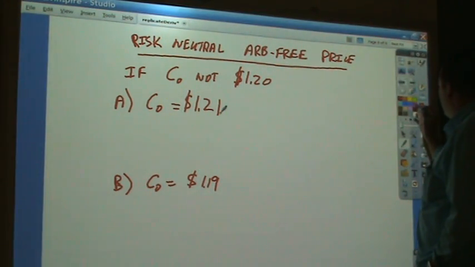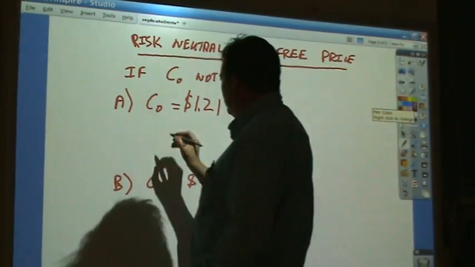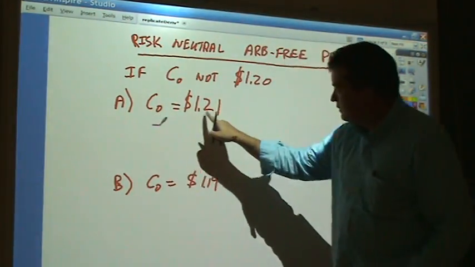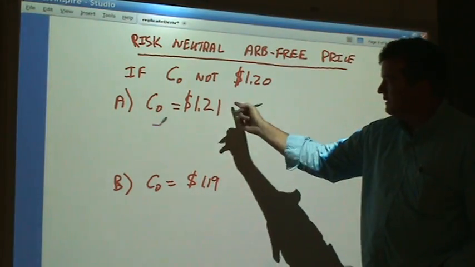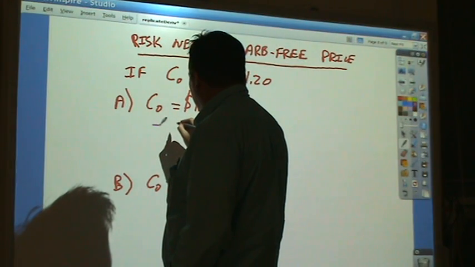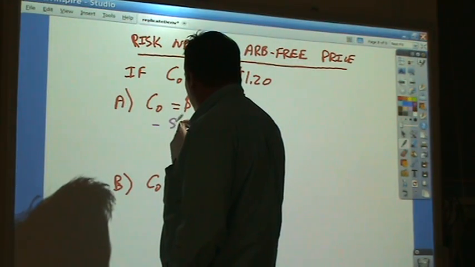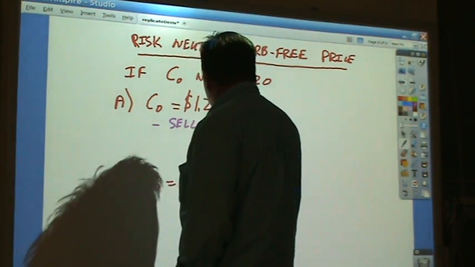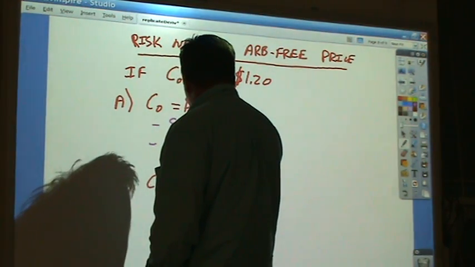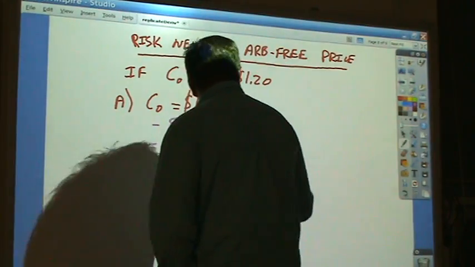But what you could do, in this case, if the options market gives you the choice of either being on the buy side or the sell side for $1.21, is sell the call, and then do what we did.